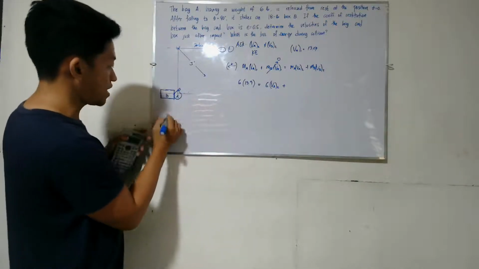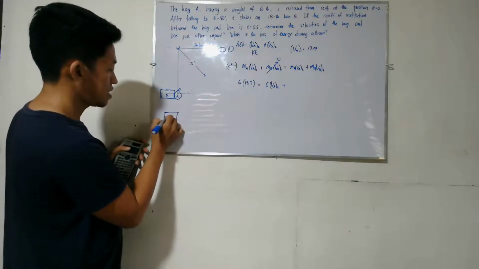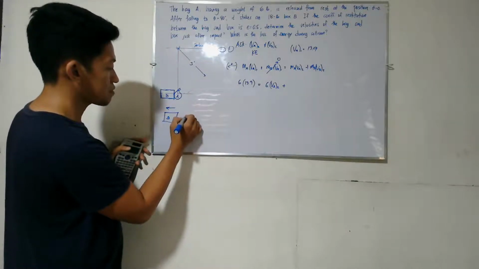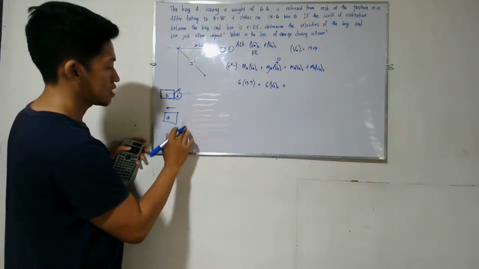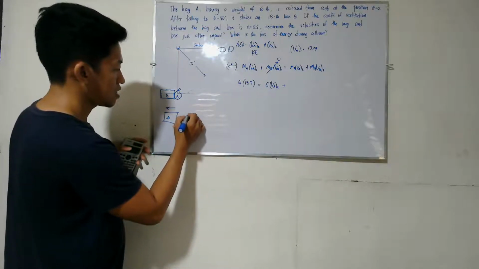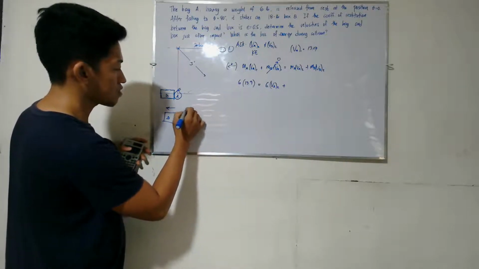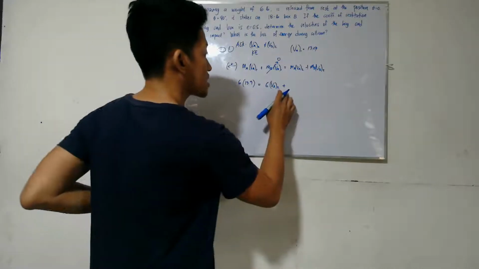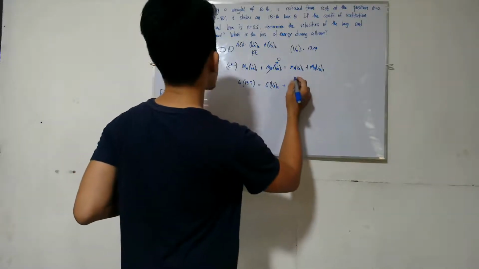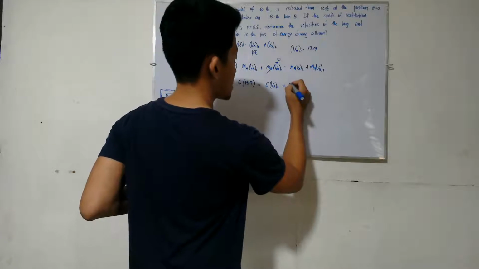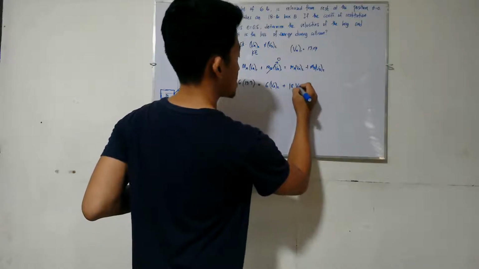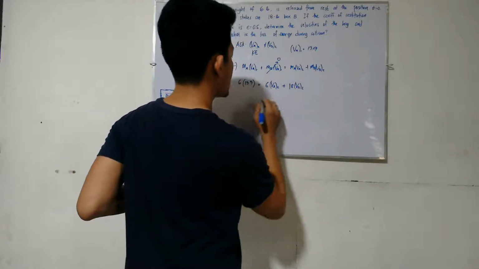Assume nato nga after ani, B will be going to the left and ang A ni mo also going to the left. So positive rin eh. Plus 18 velocity V2.